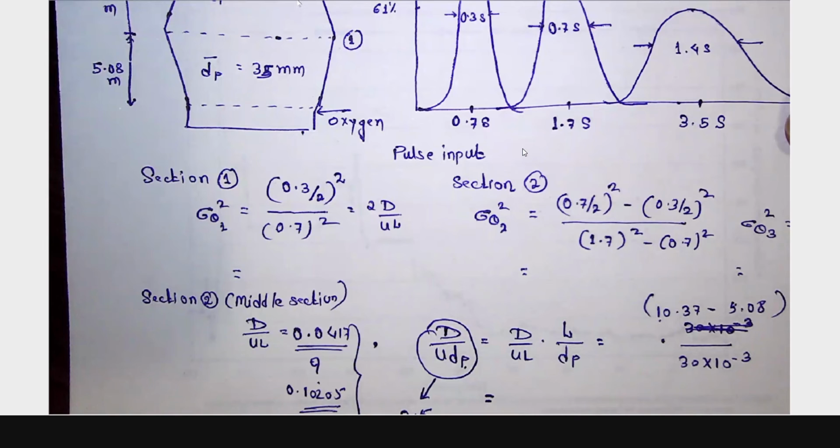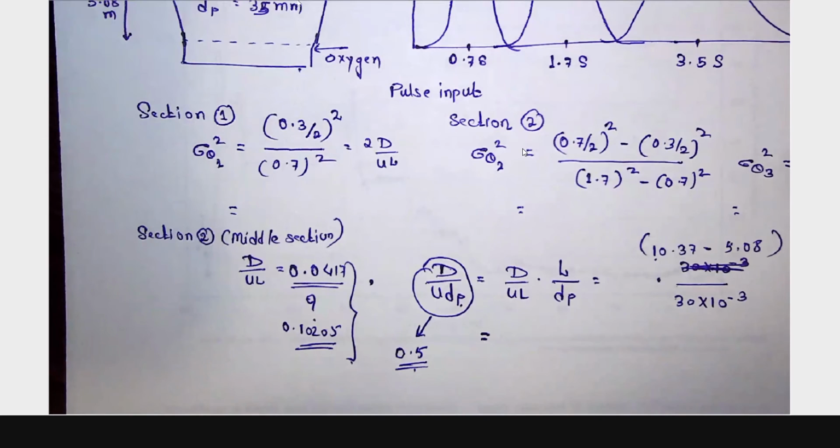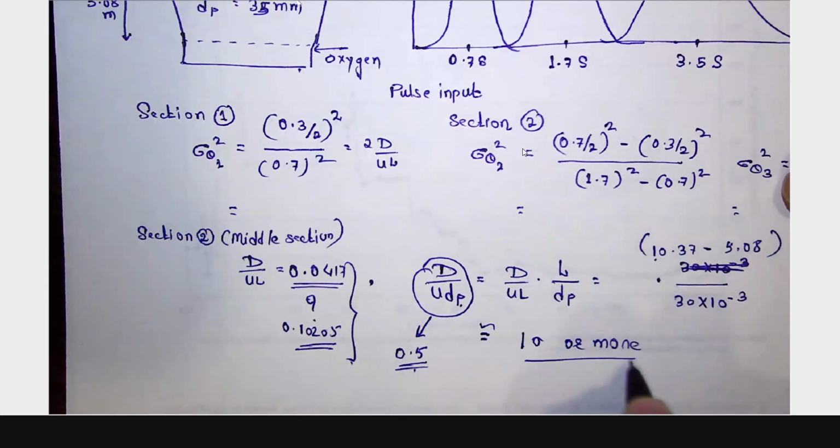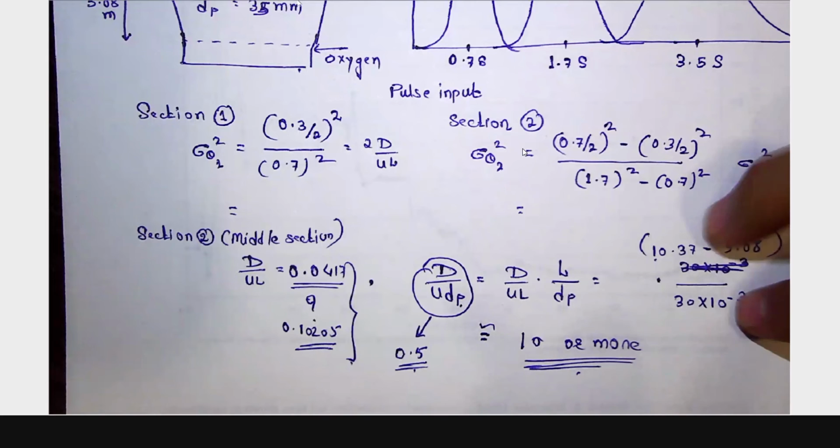But it can be observed that this value may come around 10 or more. So you can check this value. This is because there are several bypassing, circulation is also there, and also segregation of the solids and channeling will be there. So that's why there is a difference in this one.